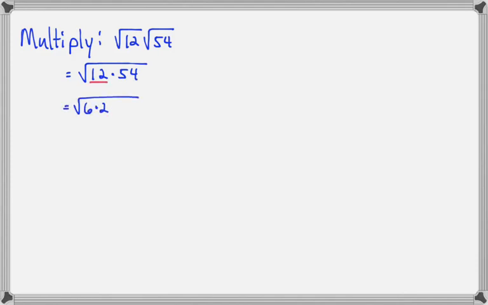So let's write 12 is 6 times 2, and 54 is 6 times 9. Now I've got a pair of 6's, so the square root of this pair of 6's is going to be 6. 9 is a perfect square, so the square root of 9 is 3. And this 2 is the only thing still left under the radical. Then I know 6 times 3 is 18. So I'm going to have 18 times the square root of 2.